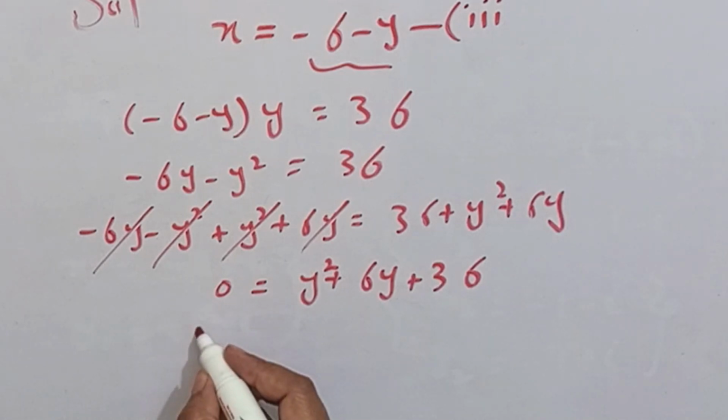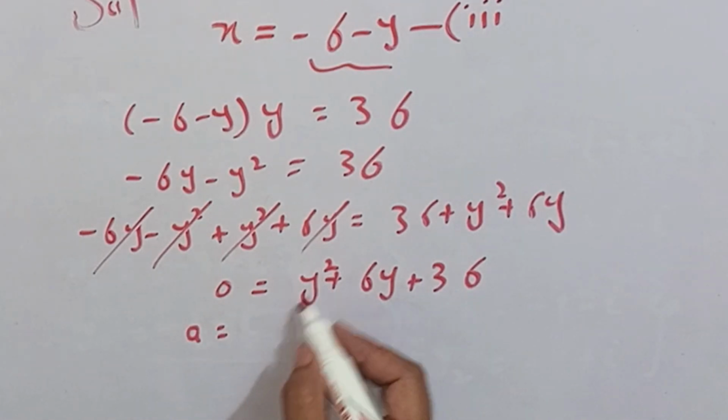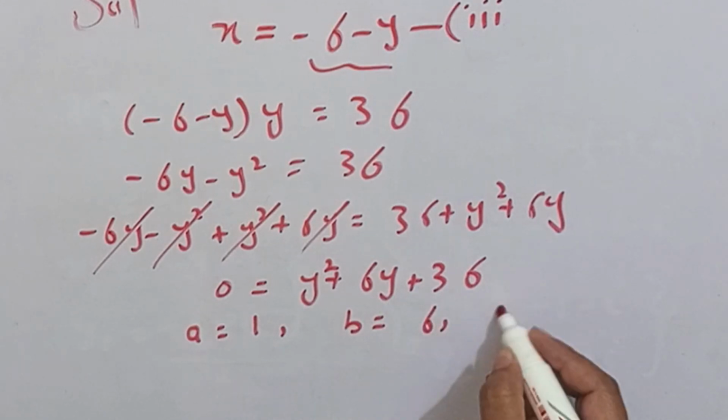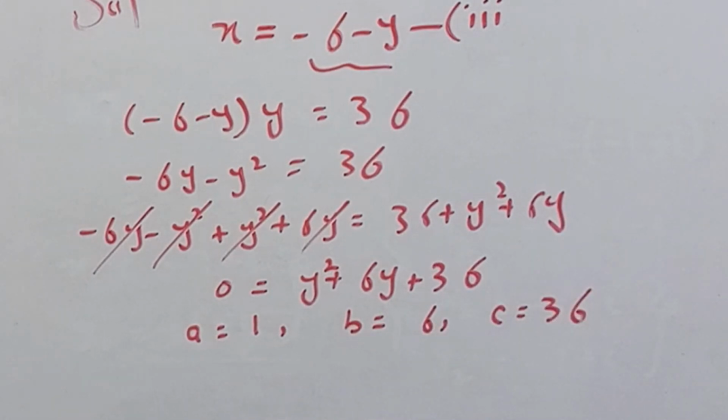In this equation, the coefficient of y square is a, which is 1, b is the coefficient of y, which is 6, and c is the constant, which is 36. And here we write the formula.